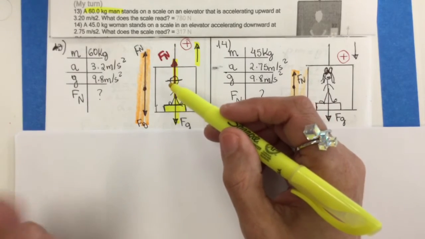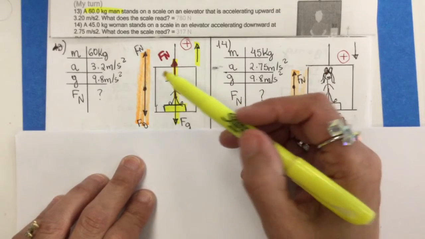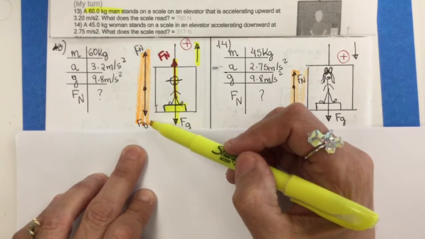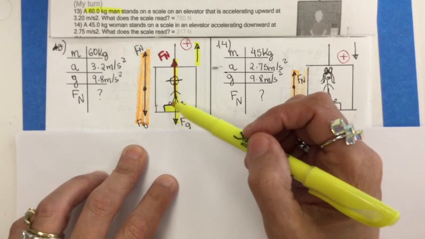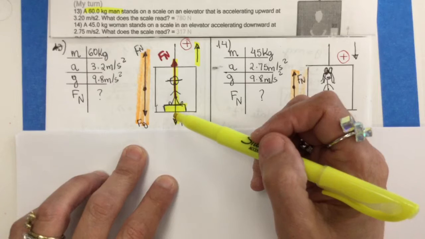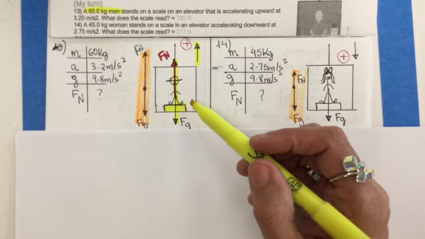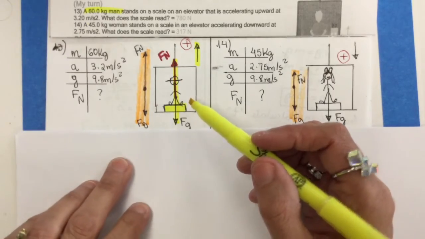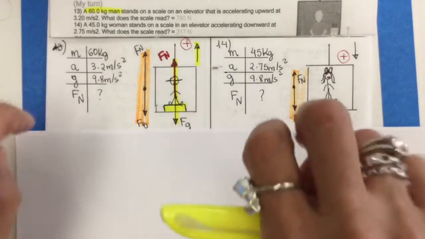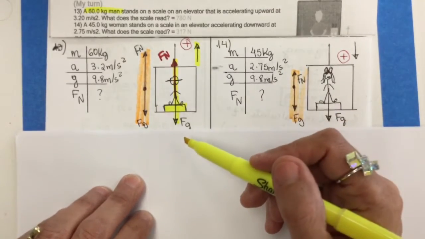Notice that the normal force in this case is greater than Fg. Why is that? Because this system is unbalanced, it is not in equilibrium. Before, when we solved problems about friction, which is related to normal force, we assumed they were in equilibrium, but this time they are not. There is an acceleration going on.